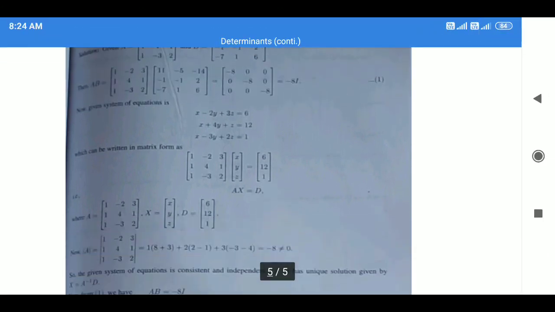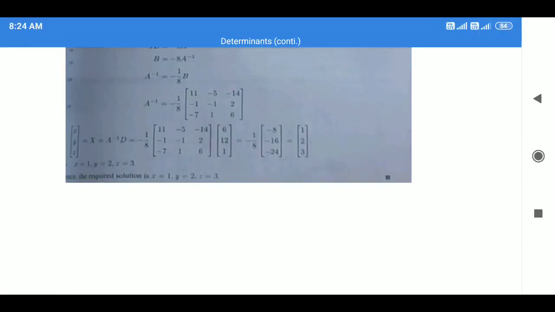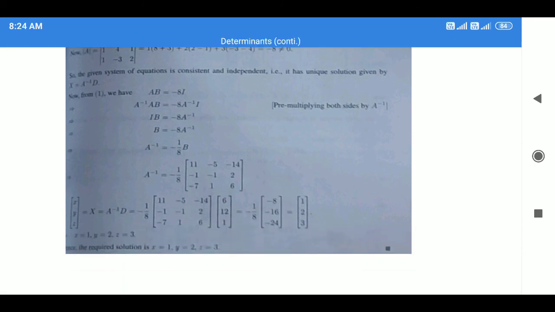So A inverse is equal to minus 1 upon 8 into B, so we get easily A inverse.